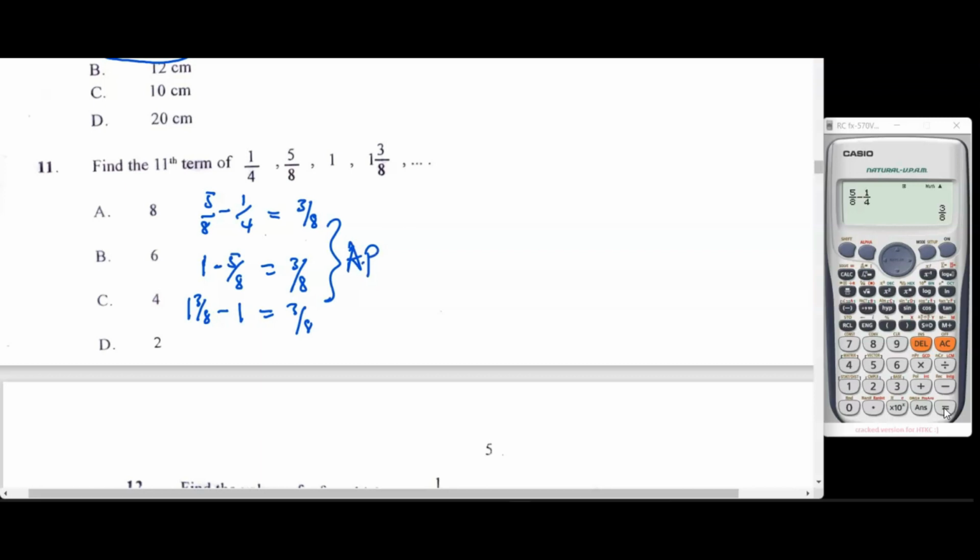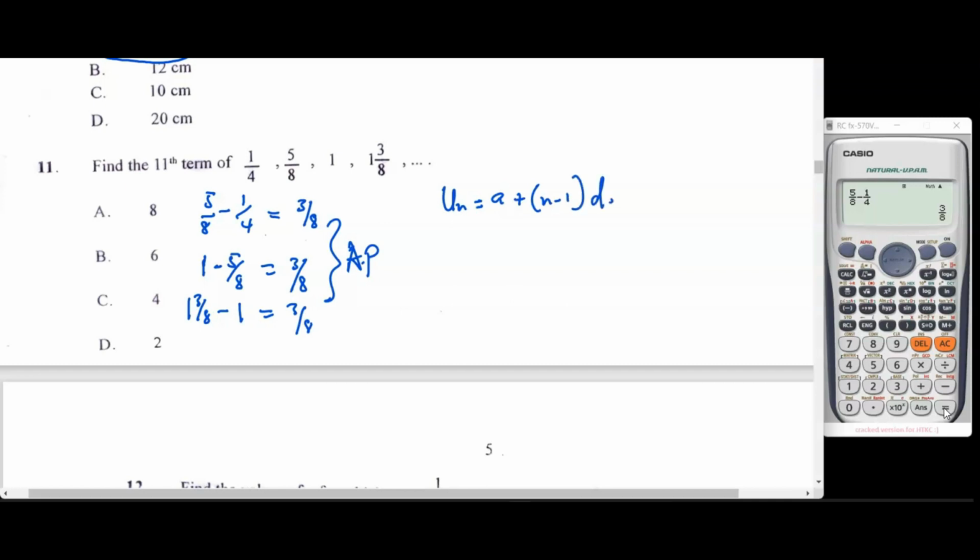Hence, to find the 11th term, we can still go for the services of un is equal to a plus n minus 1 all times d.